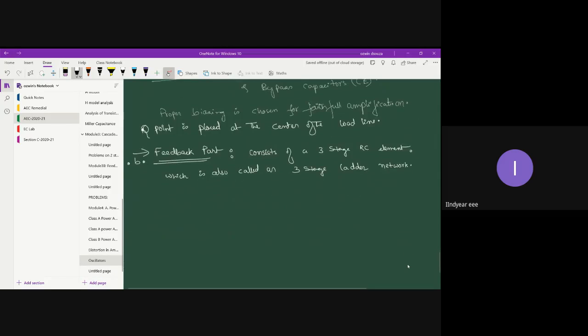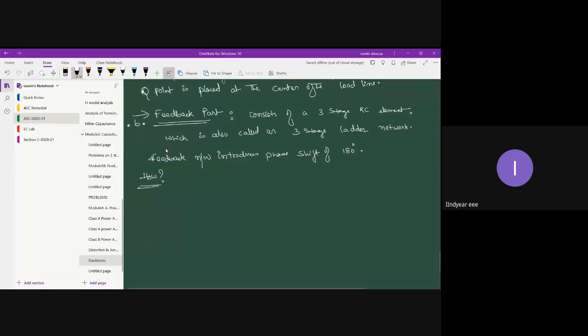Now, the feedback network introduces phase shift of 180 degree. The question is how? Is there any way to prove that the feedback network introduces phase shift?